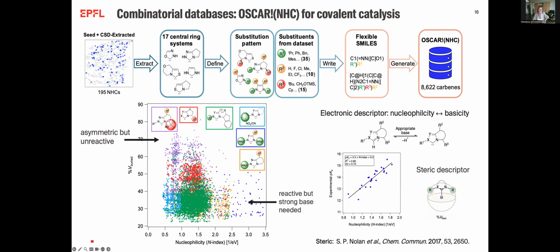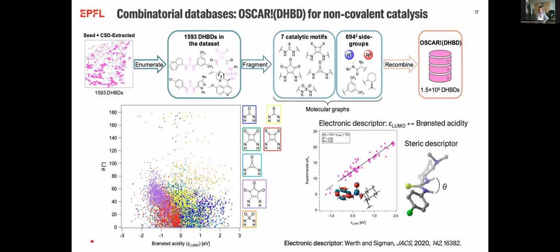And that's what this plot is showing here, even though I don't have much time to go into the chemistry. But here, the two key properties are the nucleophilicity and the buried volume, as seen in this publication from the Nolan group. Another strategy was for the dual hydrogen bond donor.